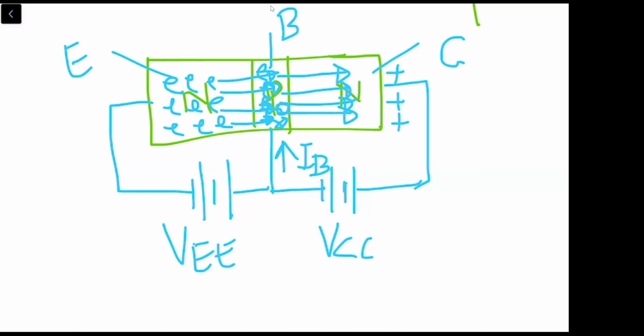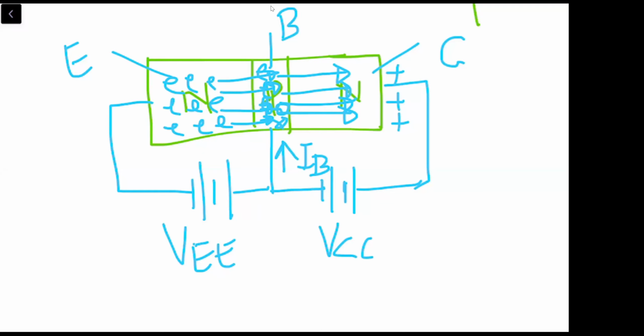So now this means that the majority of the electrons, or the majority carriers that were emitted by the emitter, will be collected at the collector, right? So therefore the names emitter, base and collector are given to the three.